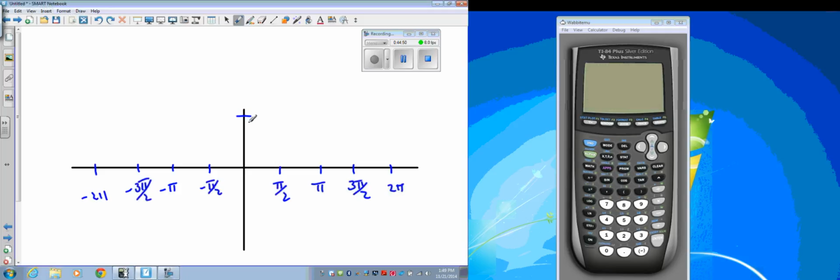And you go positive 1 here and a negative 1 down here. Well, and we try and graph it. Well, that's kind of not a good portion, is it?